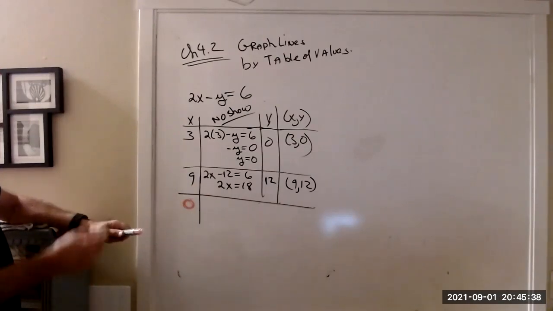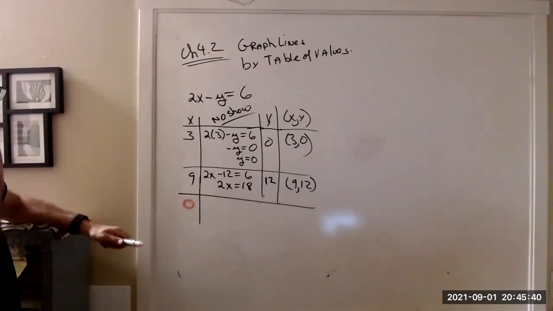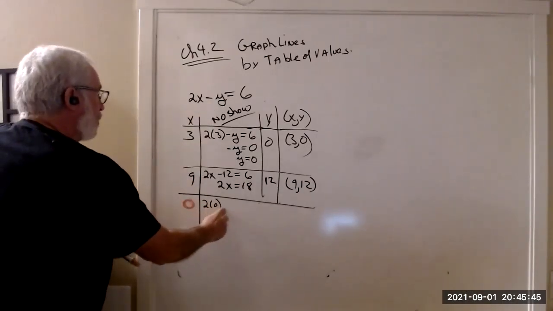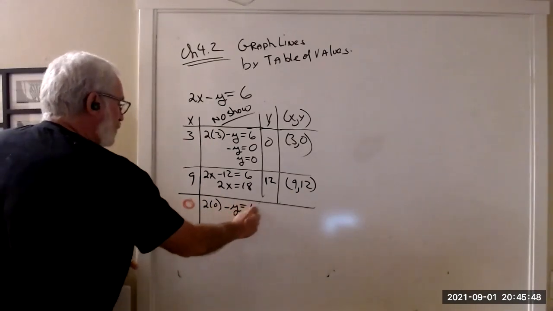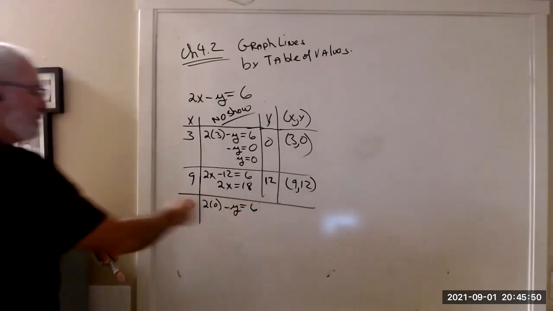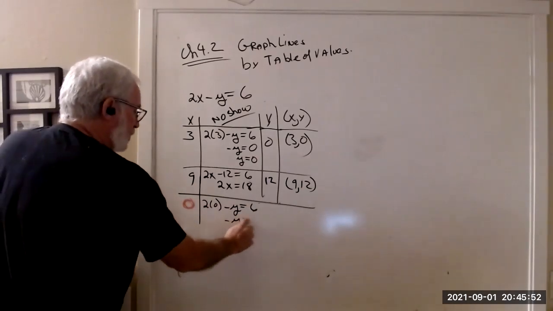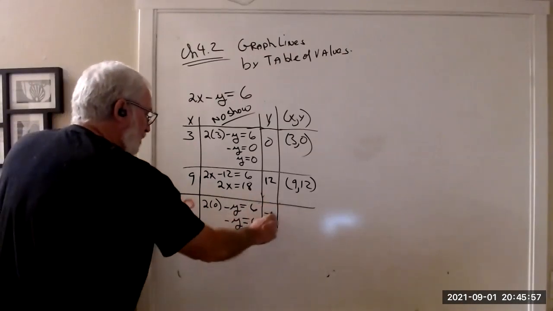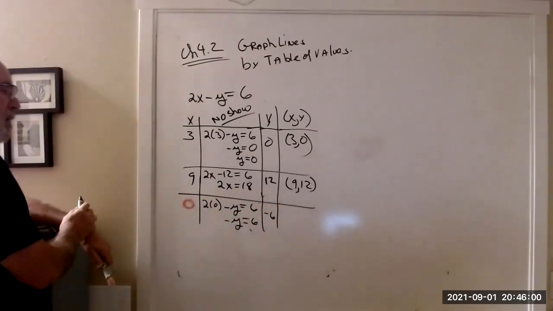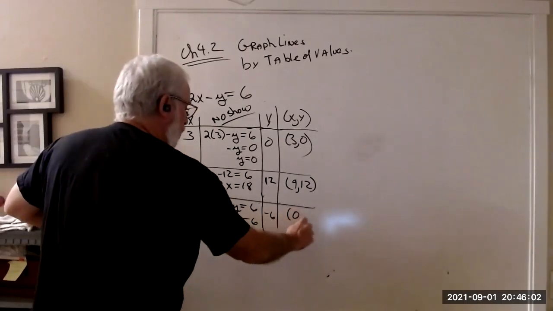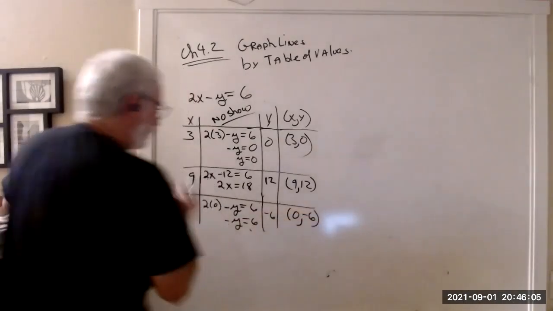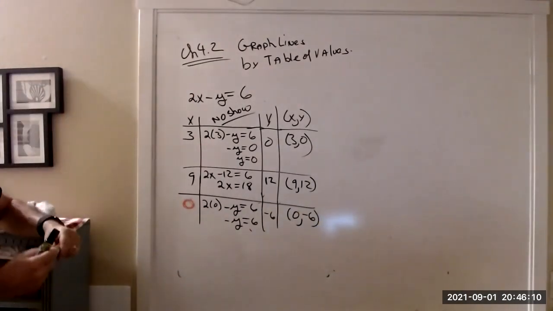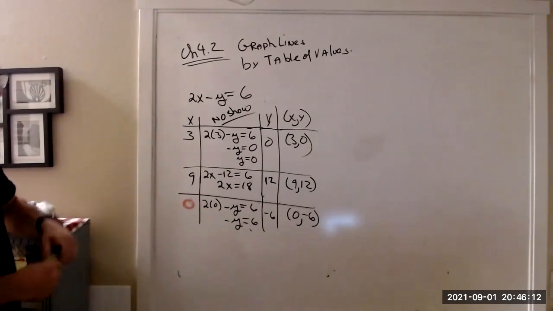So you plug it in, 2 times 0 minus y equals 6. 2 times 0 does it, so I get negative y equals 6. But if negative y equals 6, that means y is negative 6, because you divide both sides by negative 1. So I have 0, comma, negative 6. So again, going back in chapter 4.2, Mom wants you to graph lines by building a table of values.